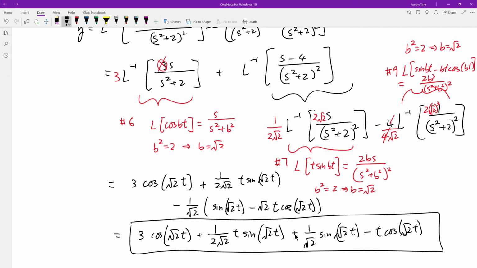Therefore, it actually changes this to a minus and this to a plus. So I think now we're good. I almost forgot to distribute the negative, because it's minus the Laplace transform of 1 over s squared plus 2 squared. Now let's try another one. Let's see if we can do another one, and let's see how hard that is.